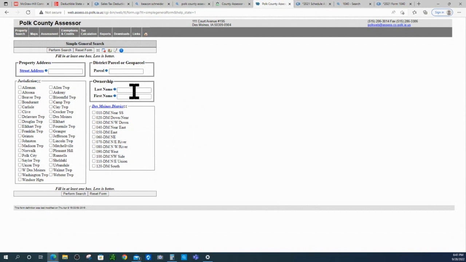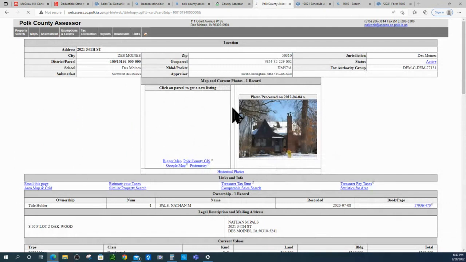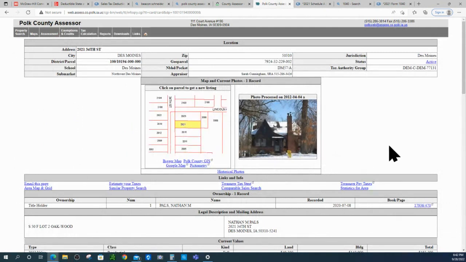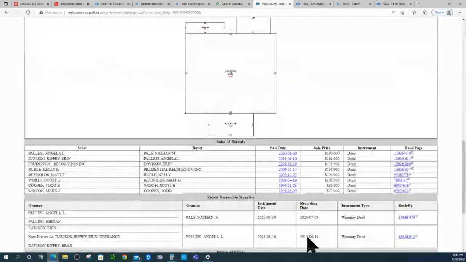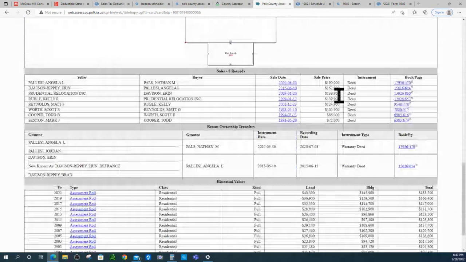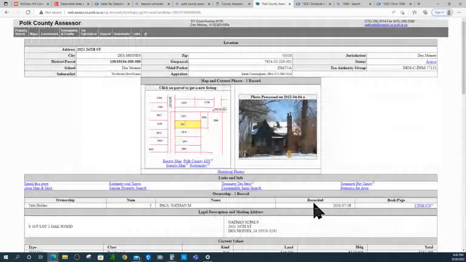You can look up by owner, parcel number, street address. This is a house that I lived in when I was a child. Let's look it up, shall we? Yep, look at that. A little Beaverdale brick. I remember that house. So this is all the information for Polk County. This one was sold in 2020 as well for $190,000.